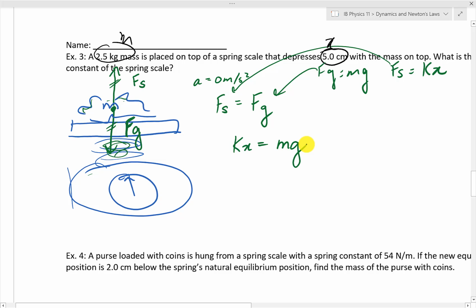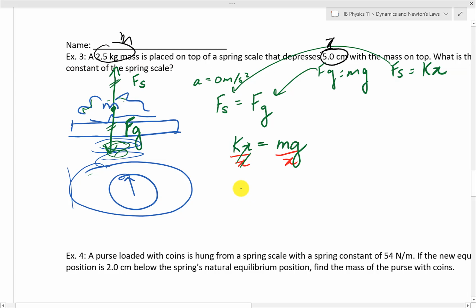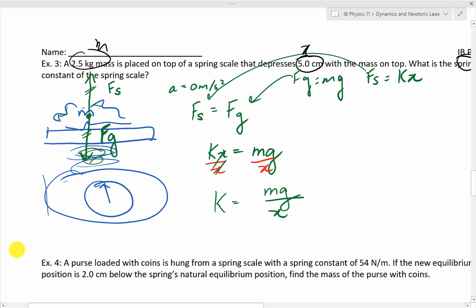To solve for the spring constant, I divide both sides by my displacement to get mg over x, in which m is given to me as 2.5 kilograms, gravity is 9.81, and the displacement is 5 centimeters, which we will need to convert to meters by dividing by 100, moving the decimal place twice, 1, 2, giving us 0.05 meters.